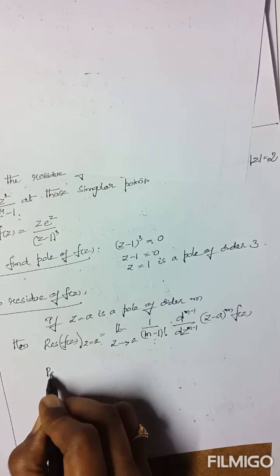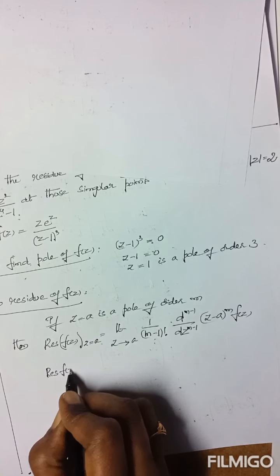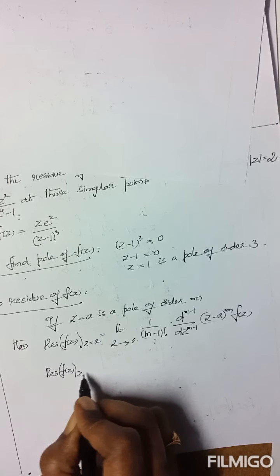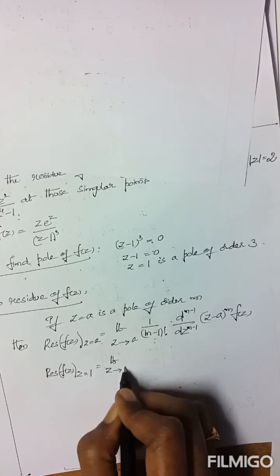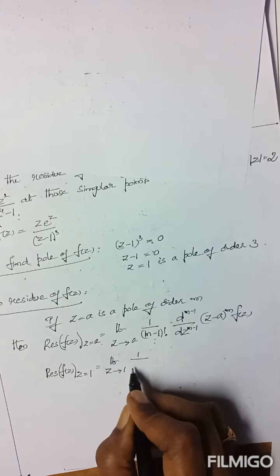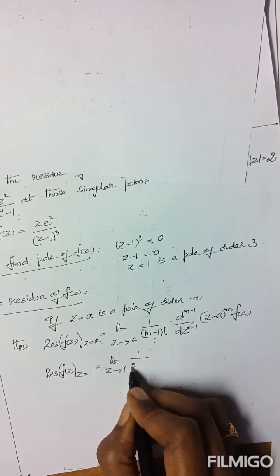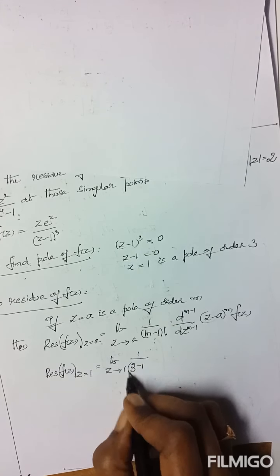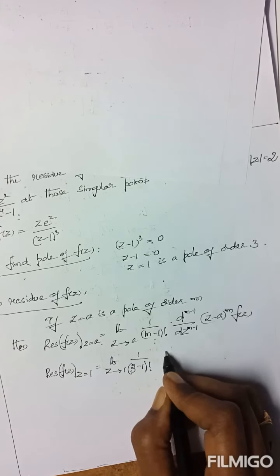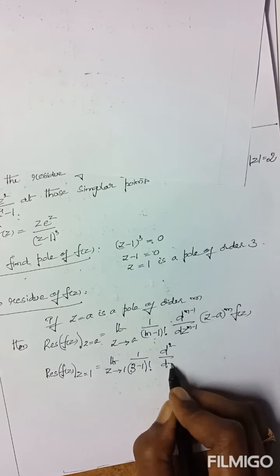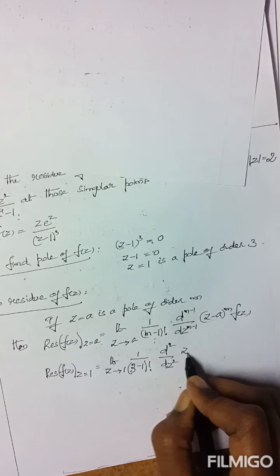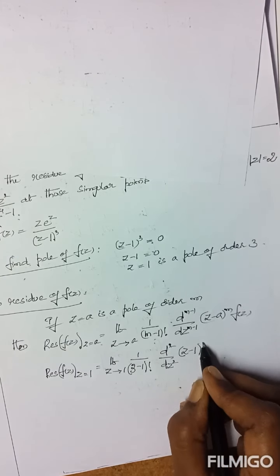Residue of f of z at z equal to 1 is the limit of z tends to 1 of 1 by (3 minus 1) factorial, d square by dz square of (z minus 1) whole cube times f of z.